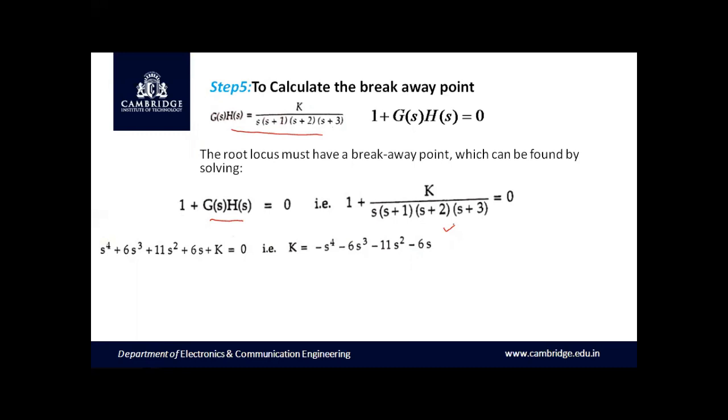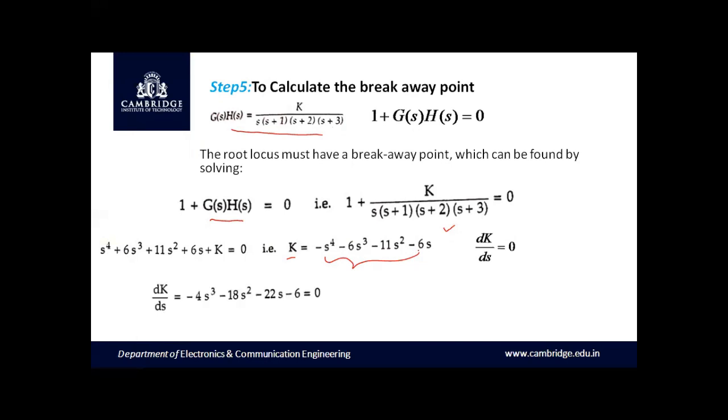Once after writing the characteristic equation, we know the procedure. That is, we have to represent k in terms of the polynomial in s. So I have taken k towards the left and I have shifted all the s terms towards the right side. The next step is to find dk by ds, and it has to be equated to 0. So let me differentiate k with respect to s.